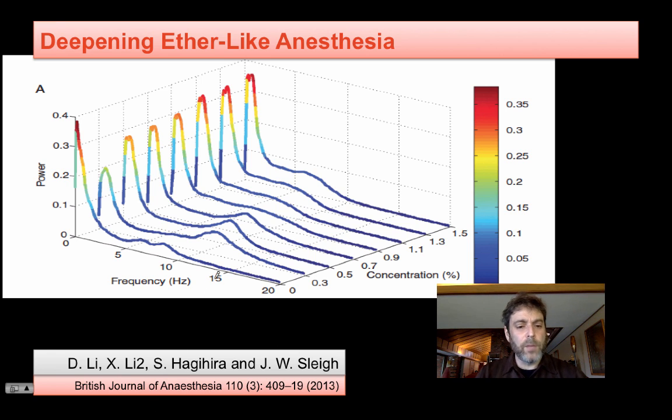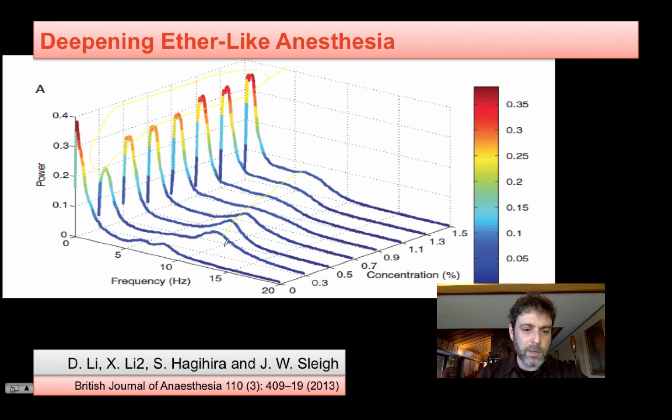So this is a figure taken from an article by Lee and others, including Jamie Sleigh, from the British Journal of Anaesthesia. And what I want to point out is that as isoflurane concentration increases, which you can see on this axis over there, these are the frequencies. First of all, the amplitude, the power, if you like, of the delta waves increases with the increasing concentration of isoflurane, and the frequency of the spindles tends to shift from higher to lower frequencies.